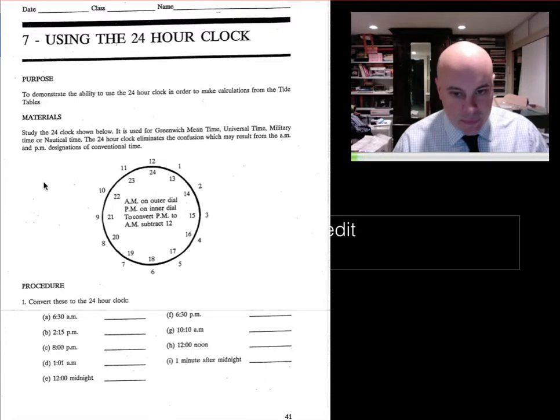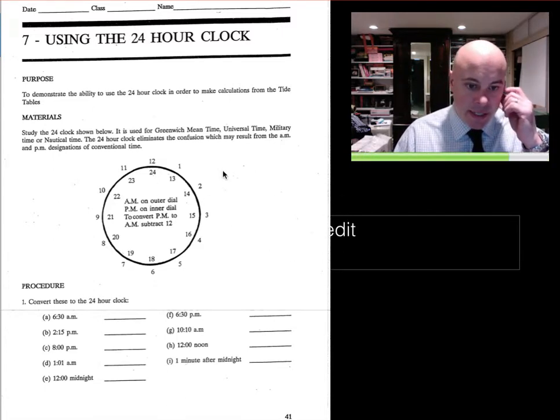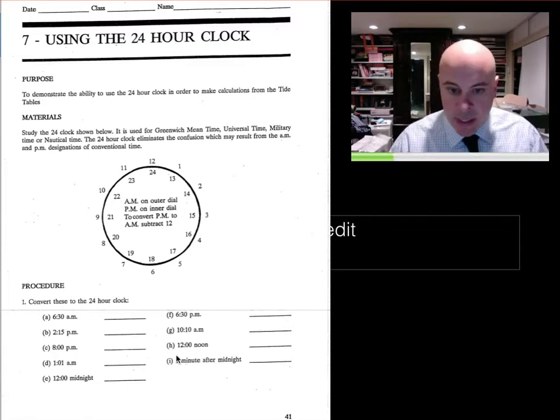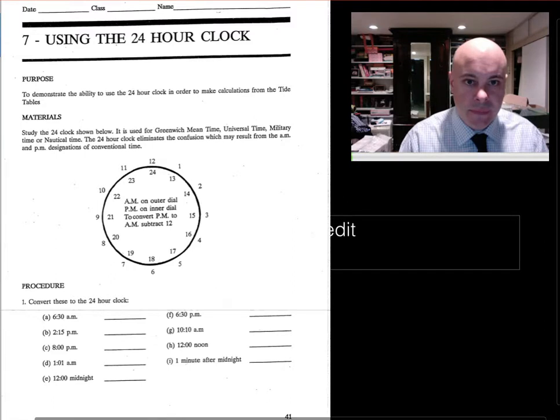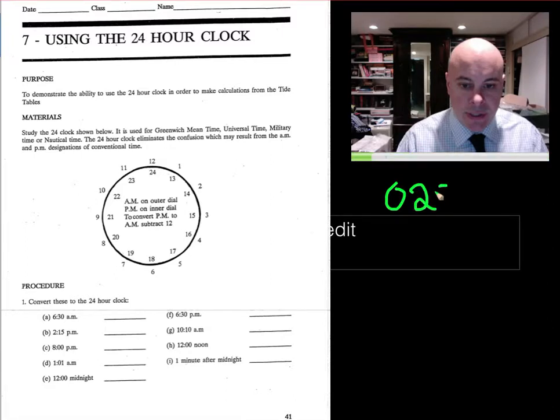So here we are with the clock, and it's very simple. From 12 a.m. to 12 p.m., the numbers are regular, meaning that if it was 2 in the morning, you would see it like this. Let me get my pen on. Okay, if it was 2 a.m., we would just do this, 0200.